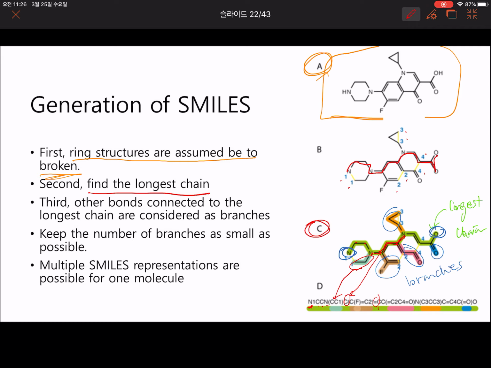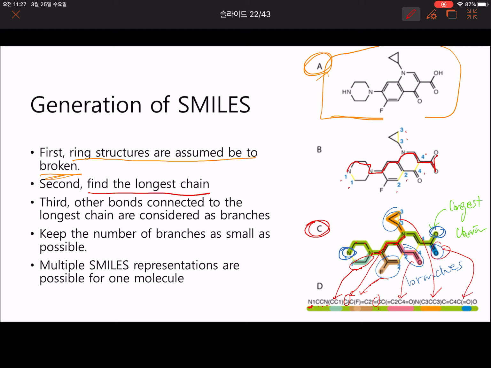And C, C, N. But this group should also be put into a parenthesis, right? And this group is a branch, this group is represented also as a branch, and this group is also represented as a branch, right?